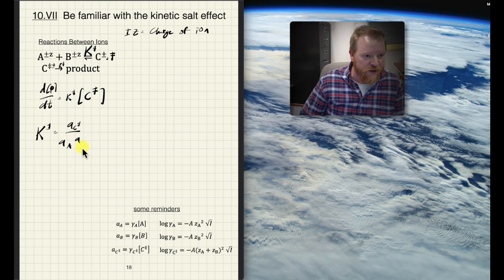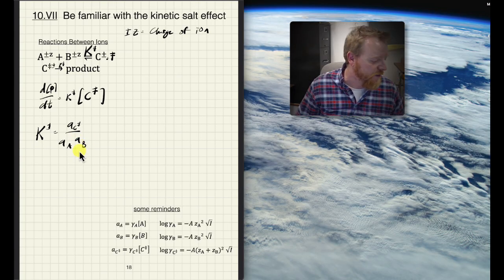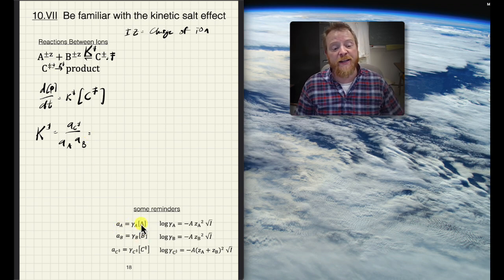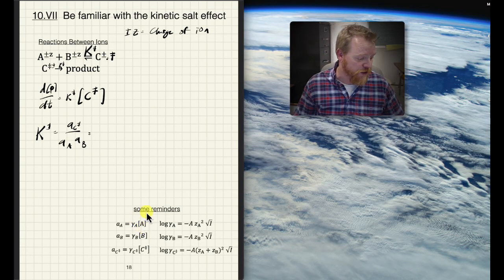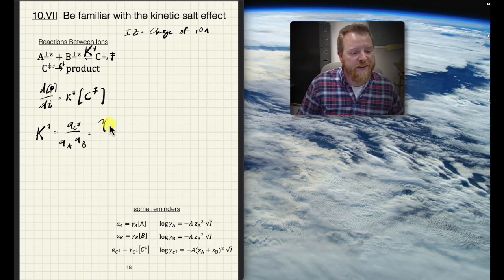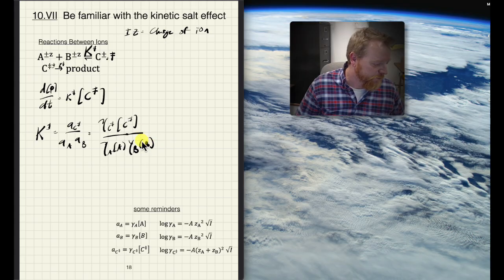I'll just drop right in the charges to make this easier to write, over the activity of B. And just as some reminders, recall the activity can be written as the activity coefficient times concentration. So let's go ahead and write that down as well. So now the activity of C double dagger can be written as gamma C double dagger times the concentration, all divided by gamma A times the concentration of A times gamma B times the concentration of B.